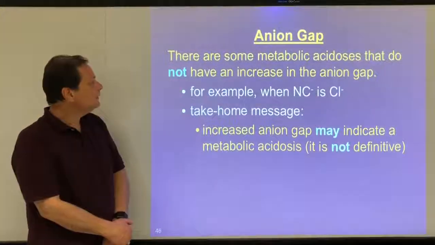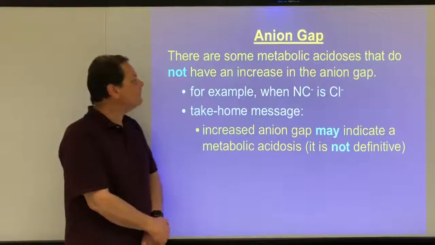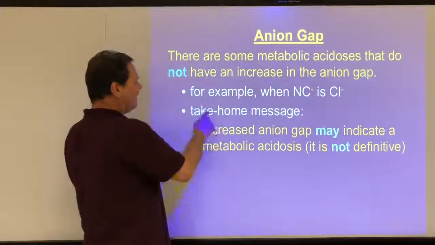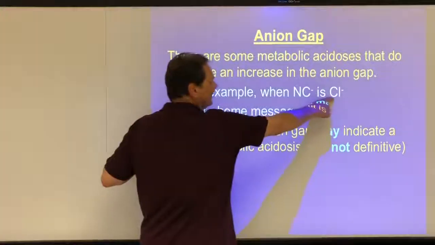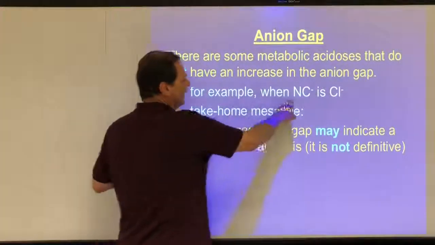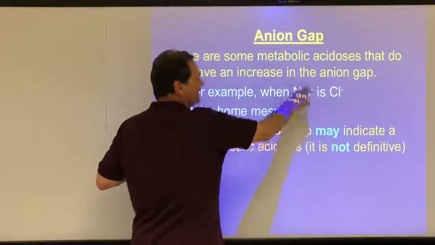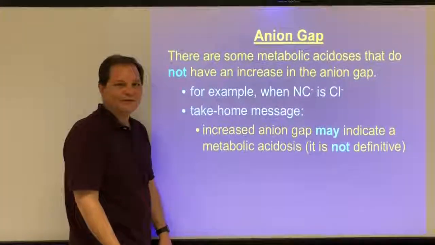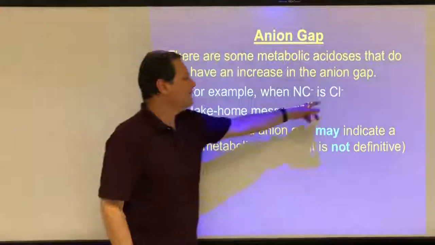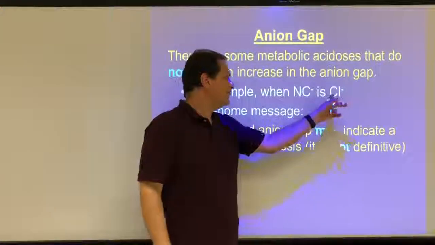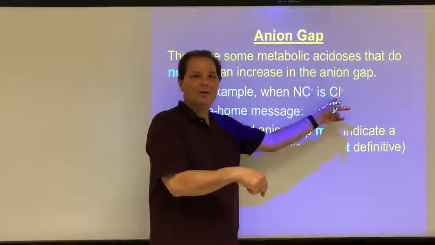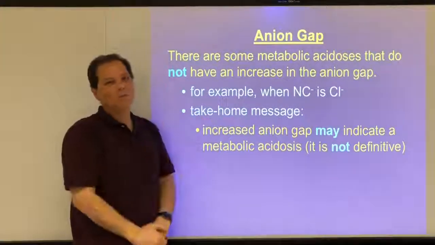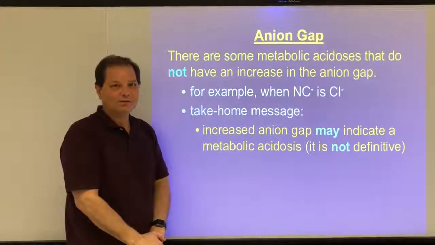Okay. There are some metabolic acidoses that do not increase the anion gap, and the one that should make sense to you is hydrochloric acid. If my non-carbonic anion is chloride, because I've added hydrochloric acid to the system, chloride is a measured anion. So yes, chloride will go up and bicarb will go down, but the sum of chloride plus bicarb won't change and my anion gap won't change.